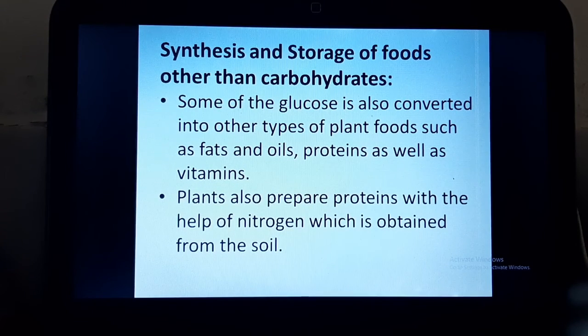Plants also prepare protein with the help of a mineral which is nitrogen. And from where is the plant getting this nitrogen? The nitrogen is obtained from the soil. So how is this nitrogen obtained from the soil? We have studied in our previous lecture that the root absorbs minerals along with water and transports it via xylem to the leaf.